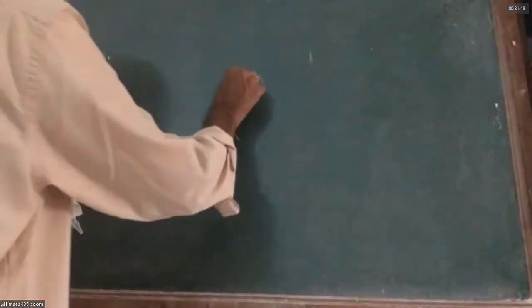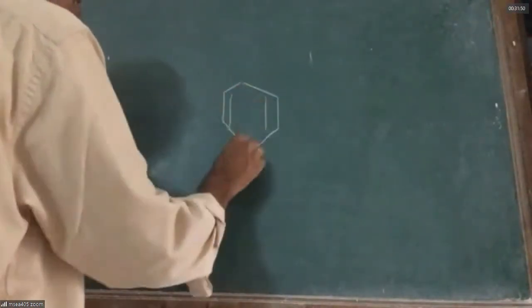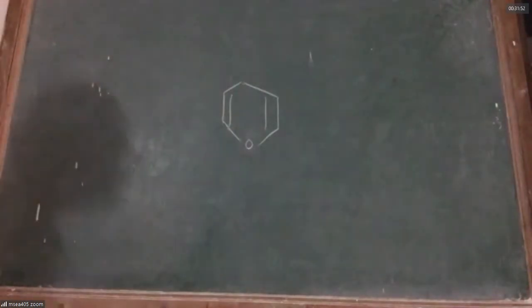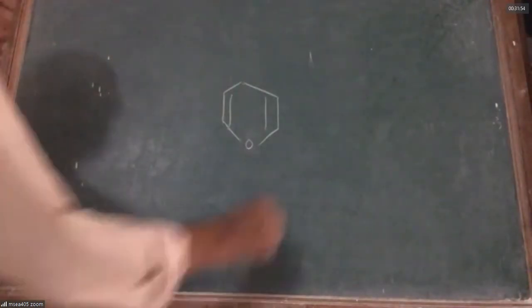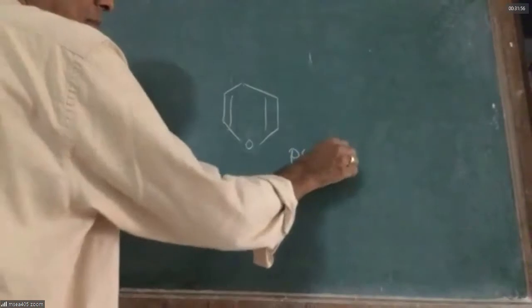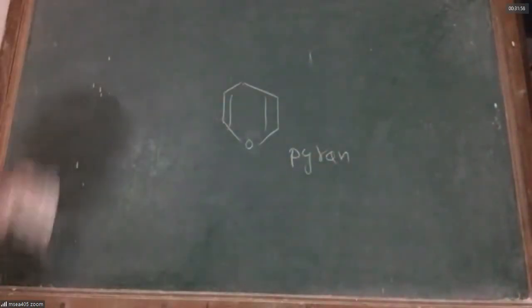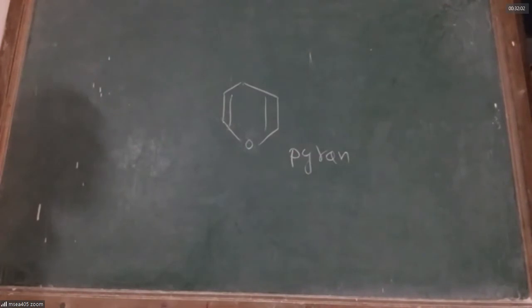Yes, sir. This is an interesting cyclic ether about which we study separately. It is called pyran. The glucose structure resembles the structure of pyran. Hence, glucose is sometimes called a derivative of this.